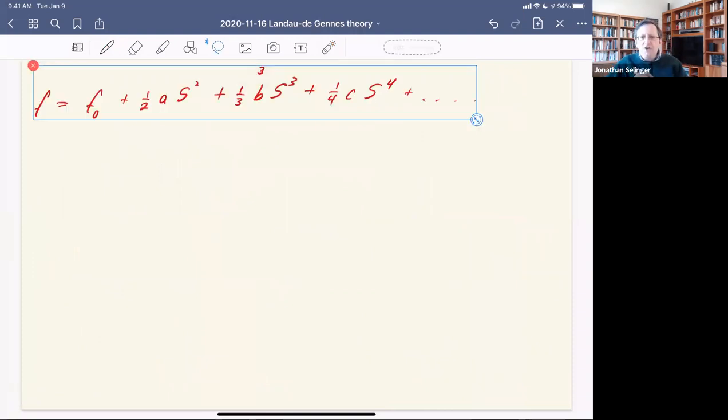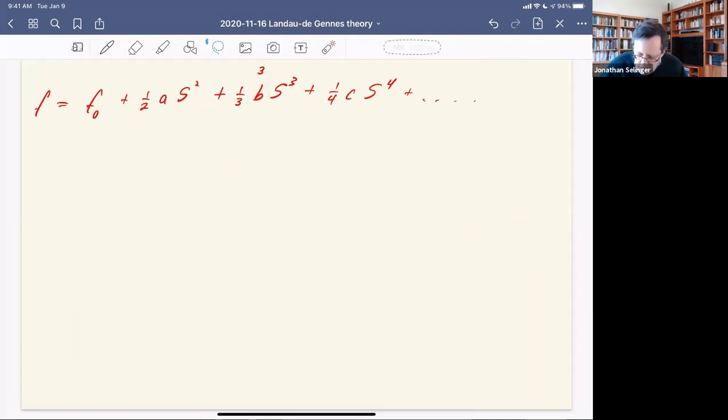Yes, okay. So let's minimize this thing. We want to say that the partial derivative of the free energy with respect to S is equal to 0.